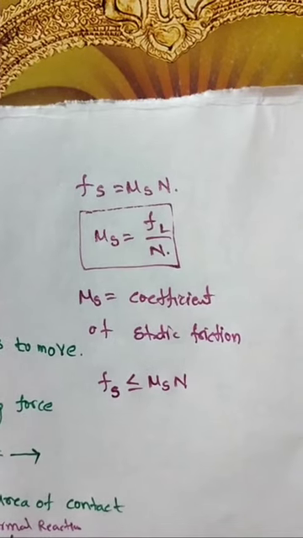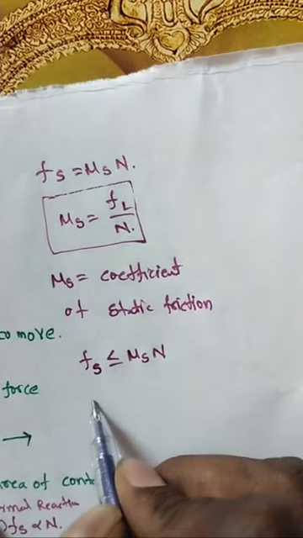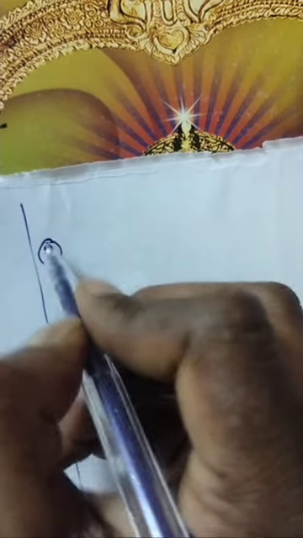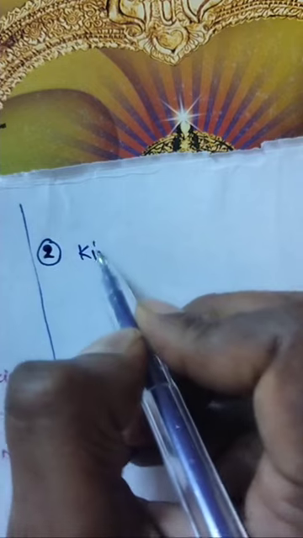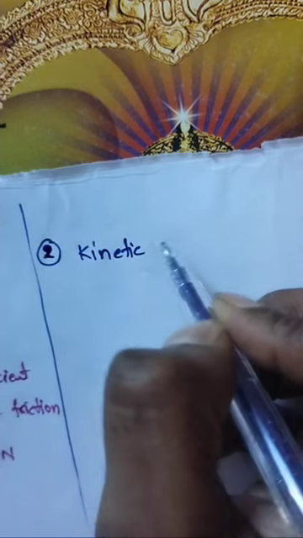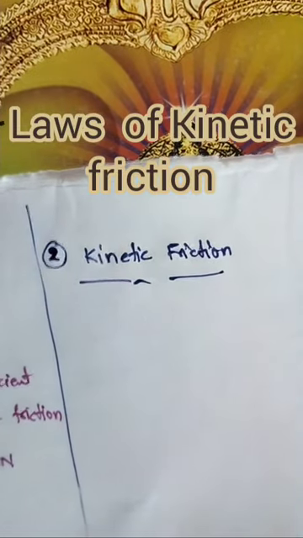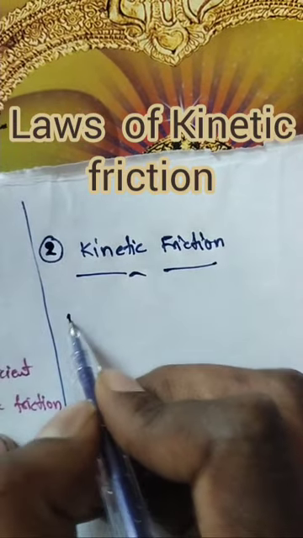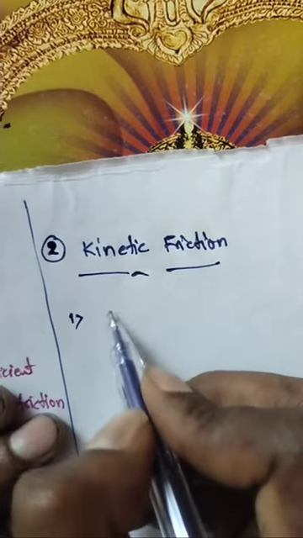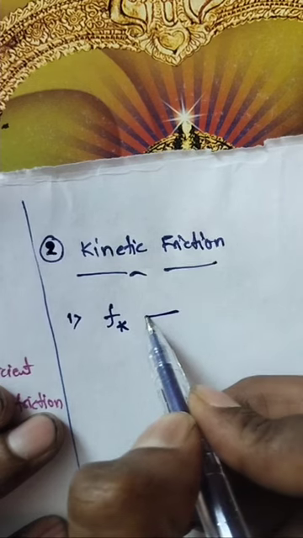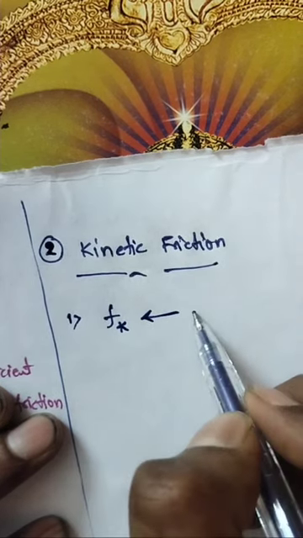Now the second one: what are the laws of friction for kinetic friction? First point, the kinetic friction Fk acts in the direction opposite to the direction the body is moving.